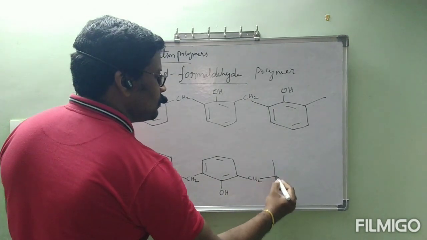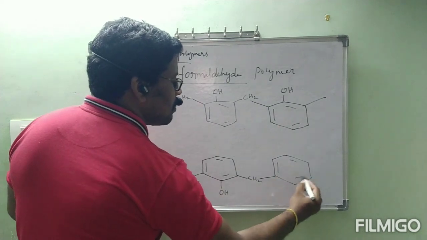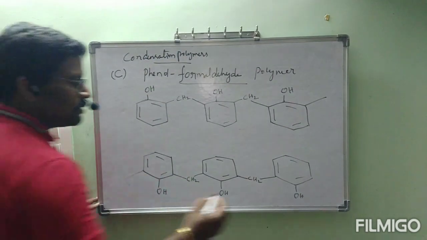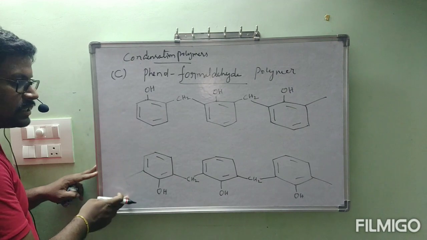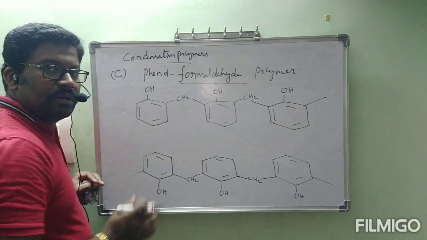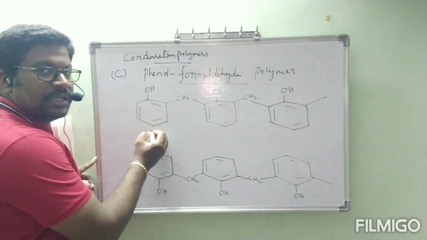This is bonded to one more phenol molecule like this. This is continued, this is continued. We can imagine this is one NOVOLAC molecule and this is one NOVOLAC molecule. These two straight chain NOVOLAC molecules are joined at para positions by again CH2.